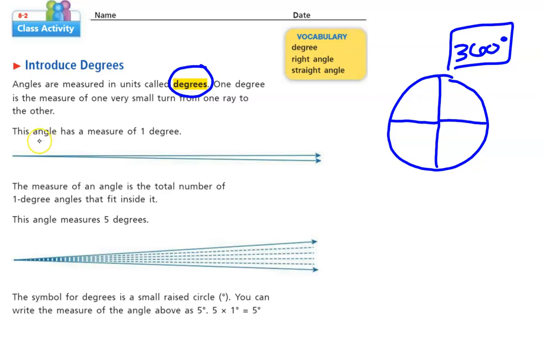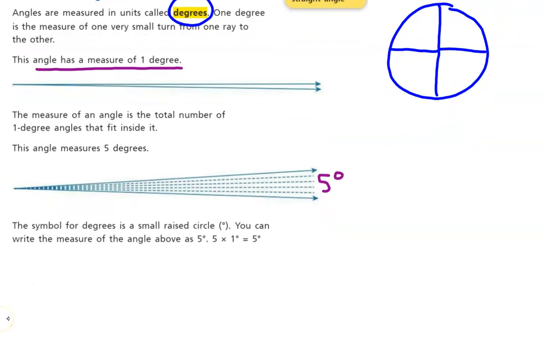But what you do need to know is that this angle right here has a measure of 1 degree. Then we can make 5 little tick marks up, and this is what your angle will look like, and we say that it is a 5-degree angle. The most important part about degrees today is how to write them. It's the same thing as temperature.